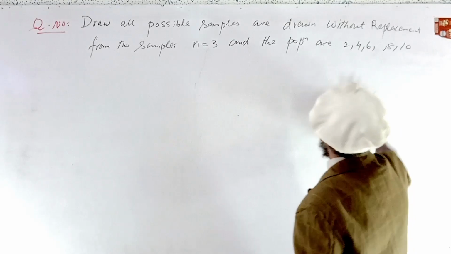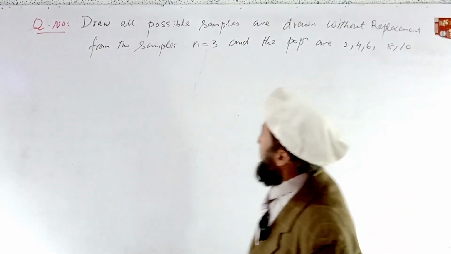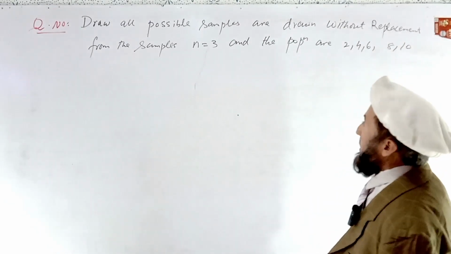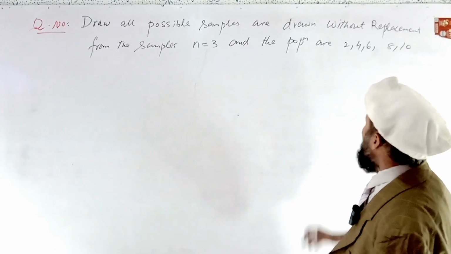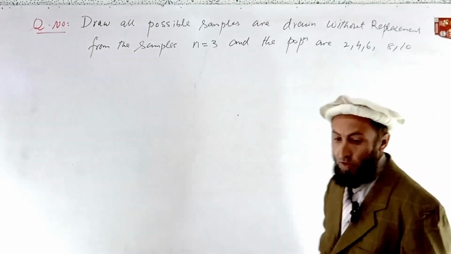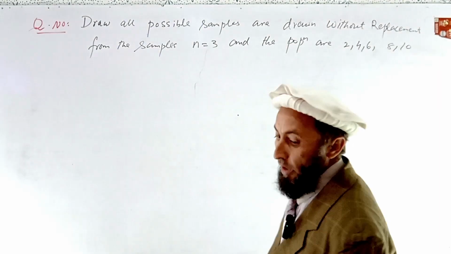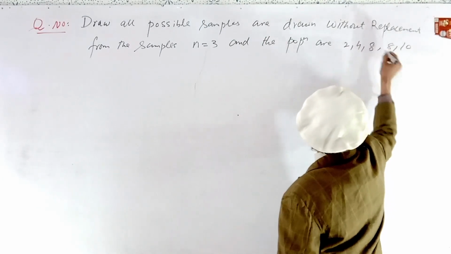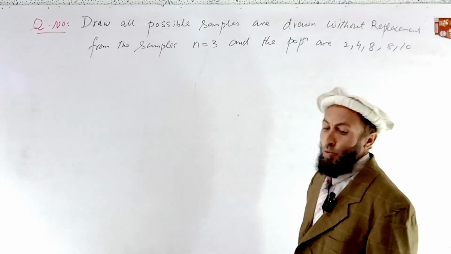There are 5 population values. Draw all possible samples of size n equal to 3 drawn without replacement from the population 2, 4, 6, 8, 10.